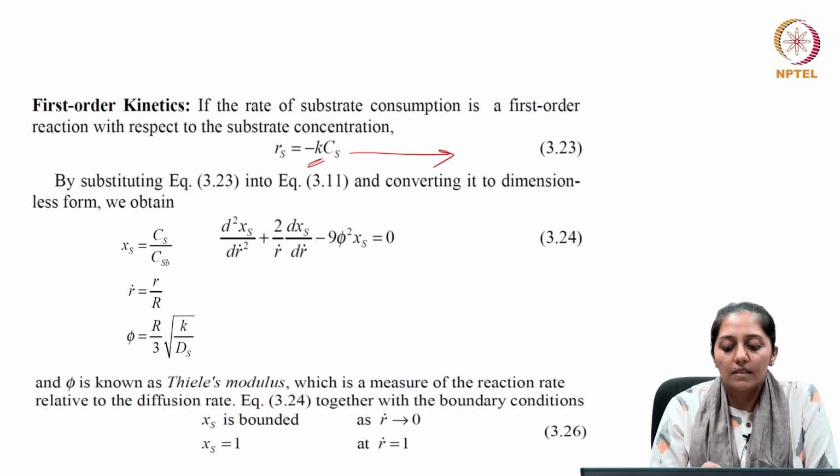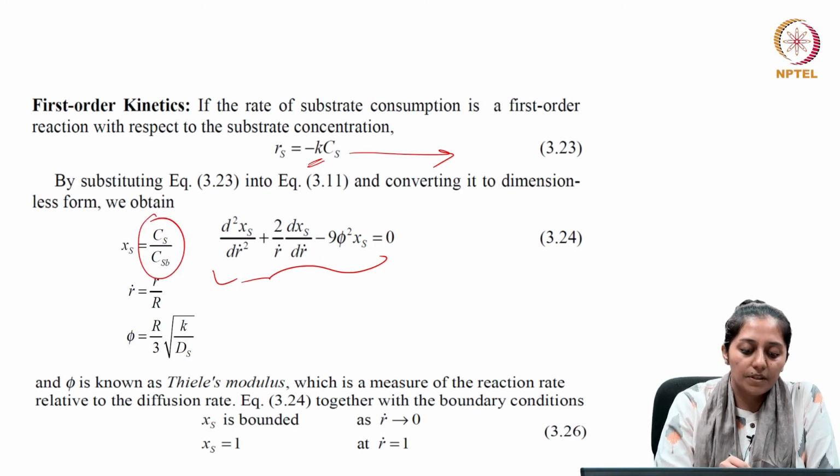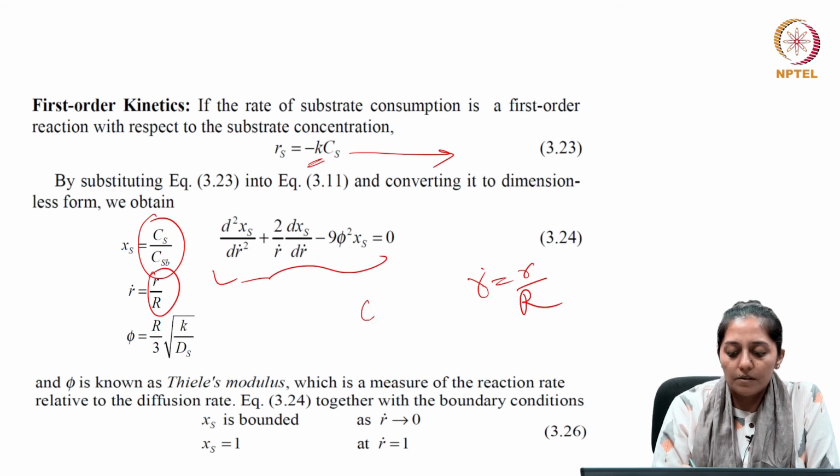Now, putting this in the earlier double differential equation, and using dimensionless entities which we did earlier, Xs and R dot, where R dot is a dimensionless form for the radii, small r by capital R, all the constants have been brought together in the form of Thiele modulus, which has been given as phi.